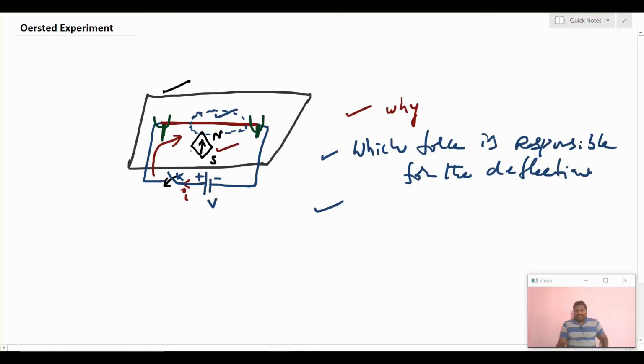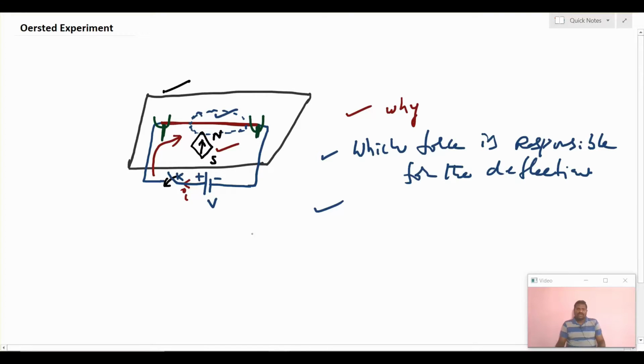A compass is nothing but a magnet inside. If another magnet is near that compass, when two magnets are close to each other, there may be an attractive force or a repulsive force. Because of that force, the compass starts deflecting.